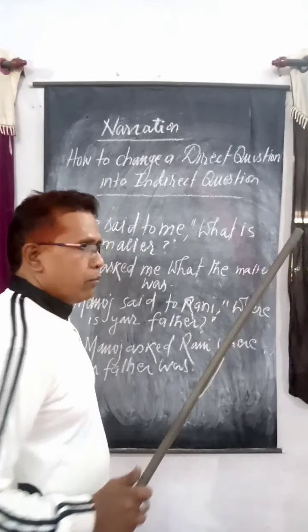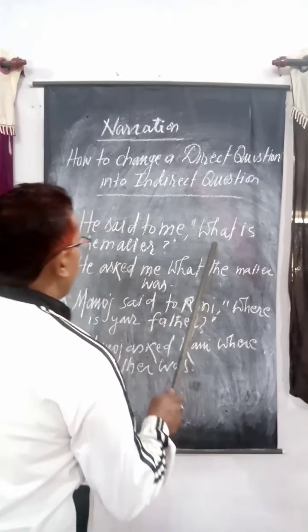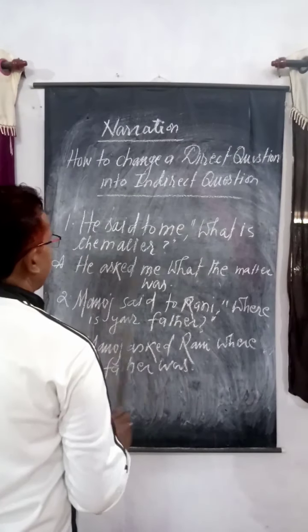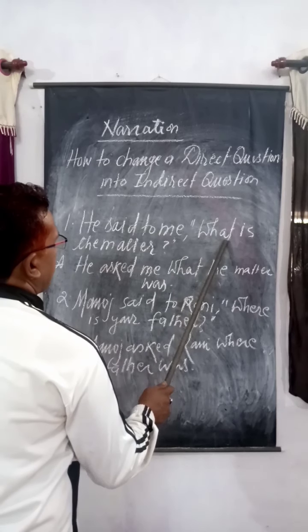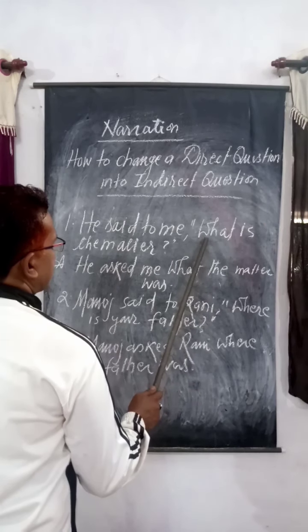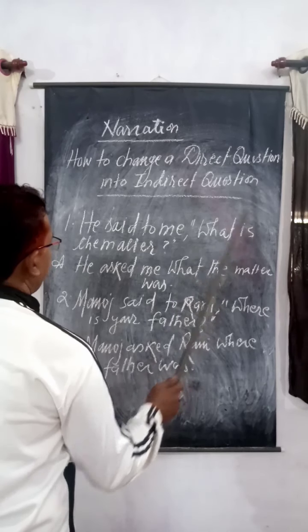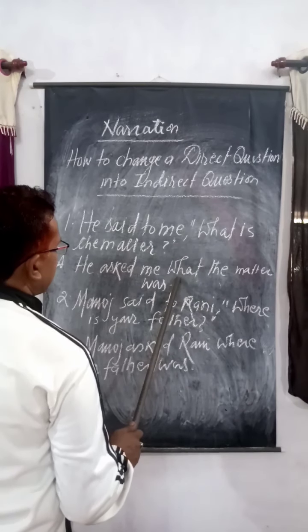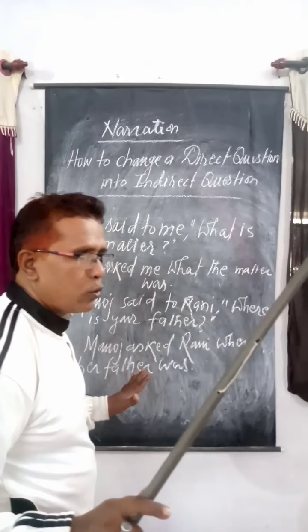The third and the most important rule is this. In what is the matter, you can see the WH word and the helping word in sequence.